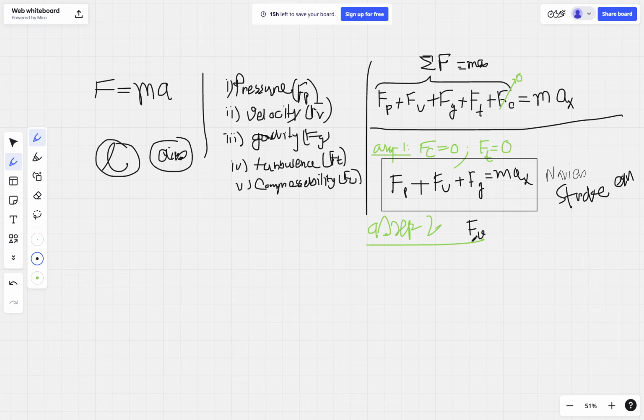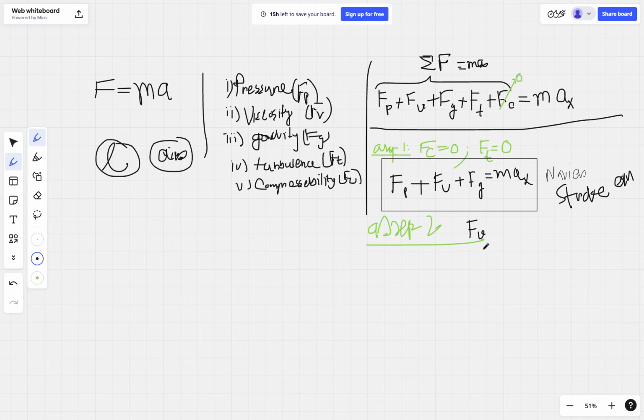I think we have messed up at one point. This term will be viscosity, not velocity. Sorry. That whole term will be viscosity, the force due to viscosity.